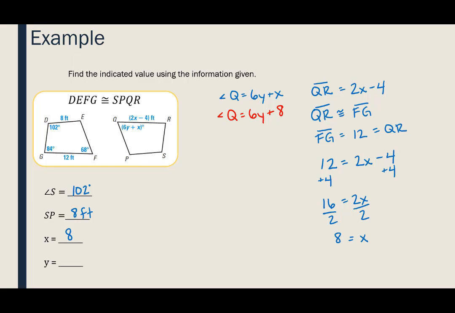Now we only have one variable. But I still need to find out what the measure of angle Q is so I can solve for y. Angle Q is in the third position of the polygon on the right, which means it's congruent to the third position of the polygon on the left, angle F. In the diagram, we see that angle F is 68 degrees. Well, that means angle Q must also be 68 degrees. So angle Q equals 68 degrees.